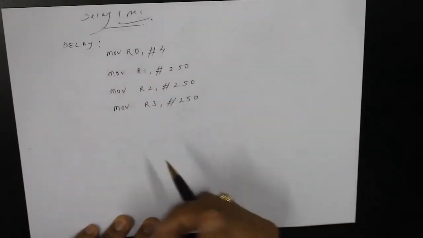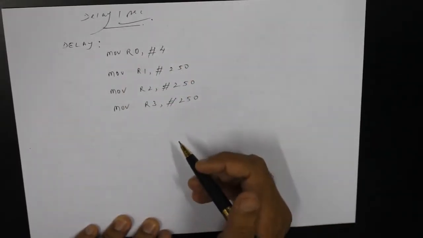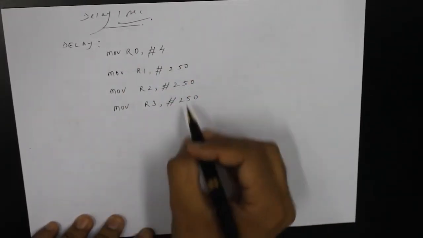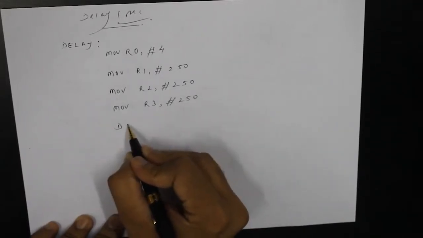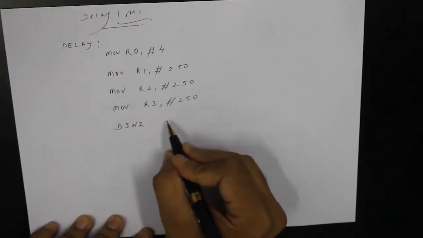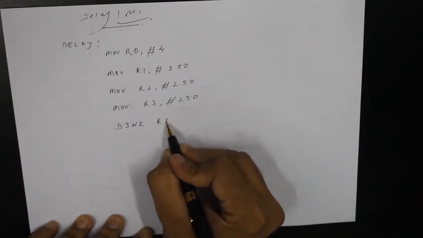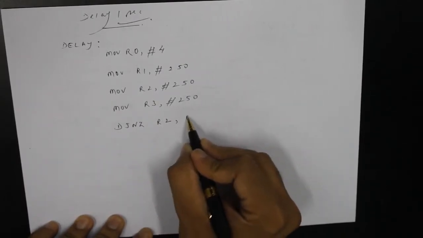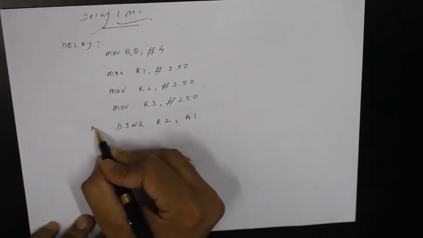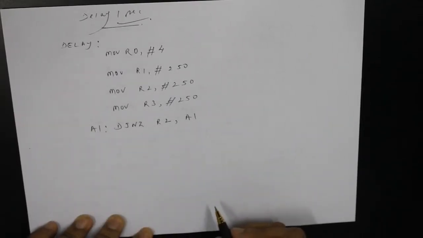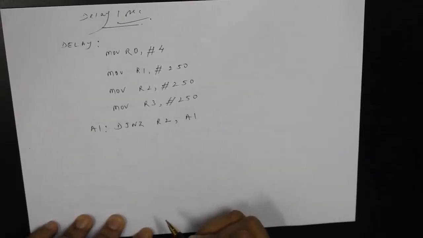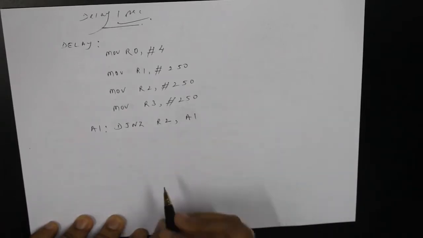There's a purpose for that. We'll see how this entire sequence works. So I'm going to write one instruction. The instruction says DJNZ, decrement and jump if not 0, R2, A1 being here. So I will be getting a delay of close to 500 microseconds from here.